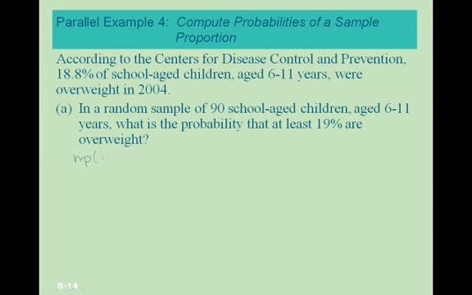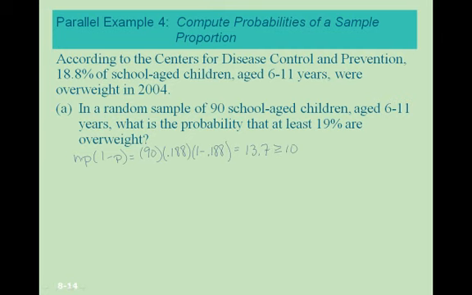Then n times p times 1 minus p would be equal to 90 times 0.188 times 1 minus 0.188. This would give us a value of about 13.7, and that is greater than or equal to 10.